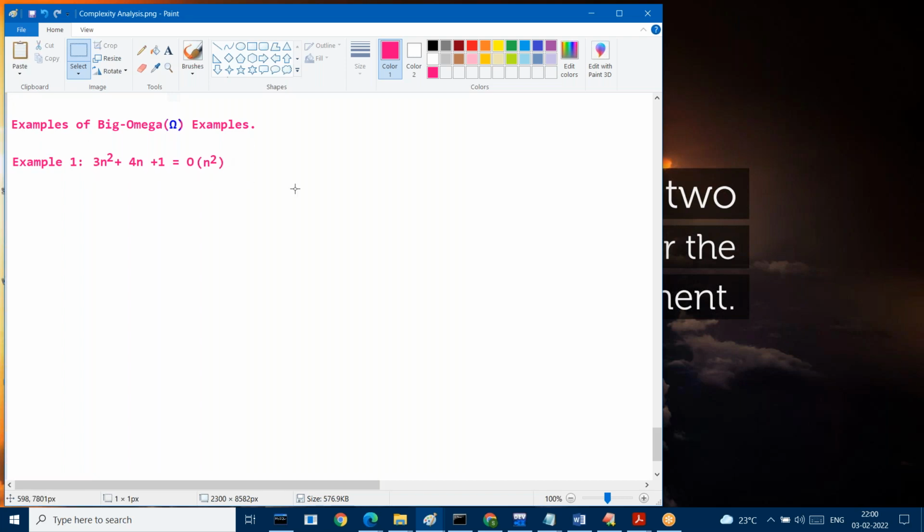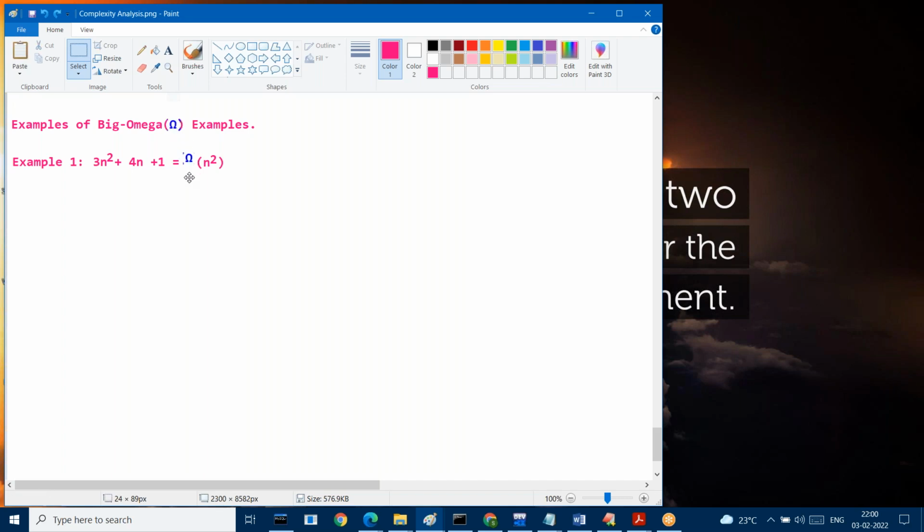Earlier we proved that it is big O of n square. It can also be proved that it is big omega of n square.